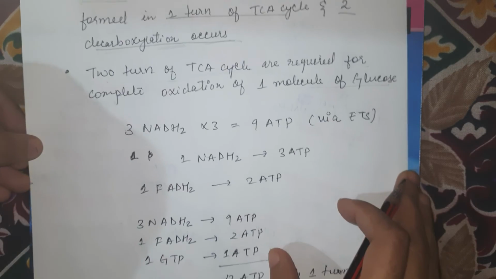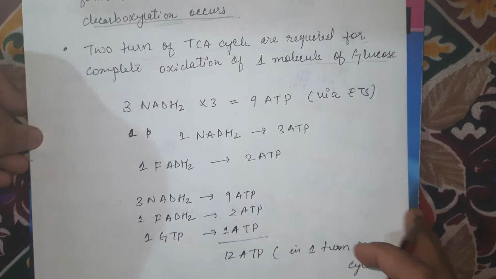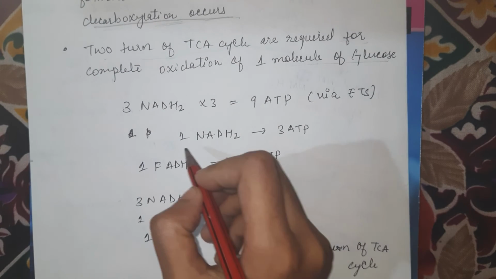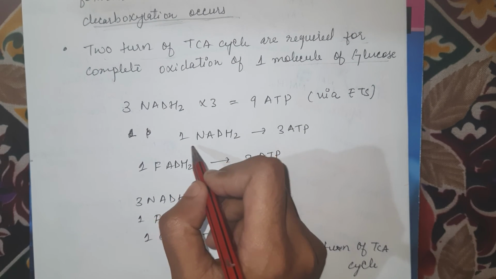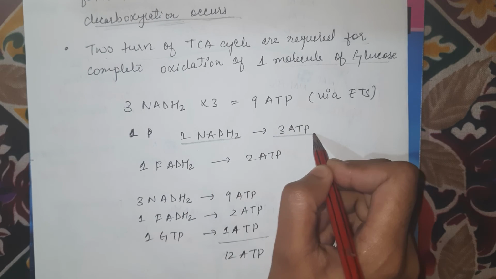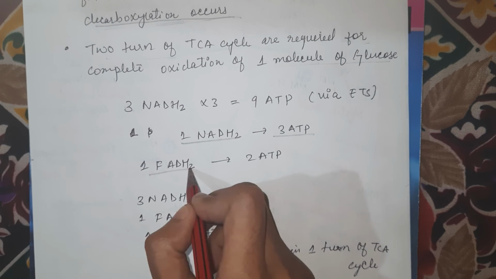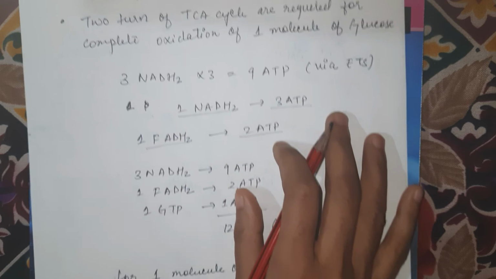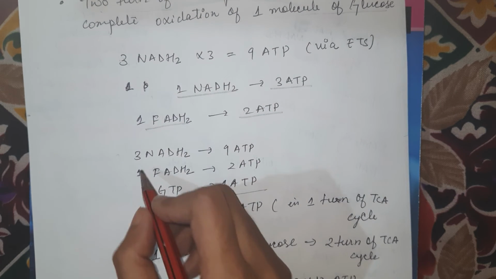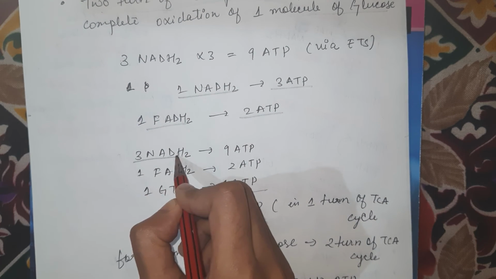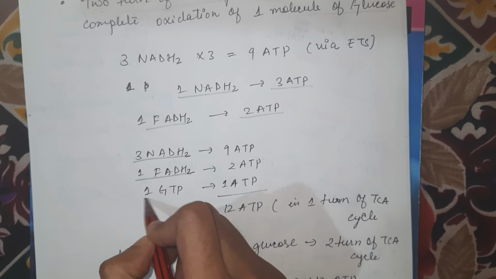Now let's see the calculation of ATP. We know that 1 NADH gives 3 ATP and 1 FADH2 gives 2 ATP. In one turn of the cycle we got 3 NADH2, 1 FADH2 and 1 GTP.